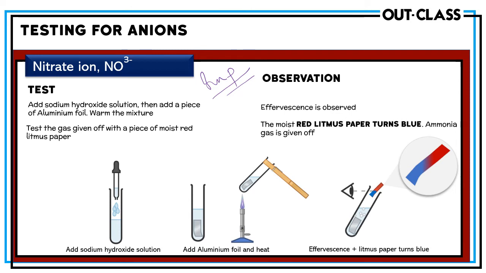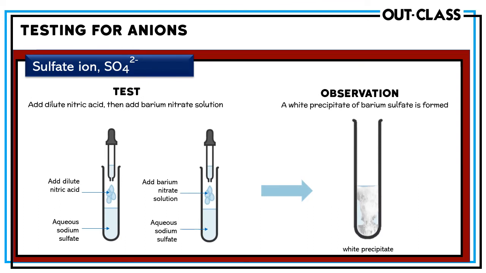If the gas is released before adding aluminium foil, then it is due to ammonium ion. Remember, you have to ensure this. Suppose no gas is released, ammonia is not formed, it means nitrate ion is not present. So we check for the next ion, that is sulfate ion.